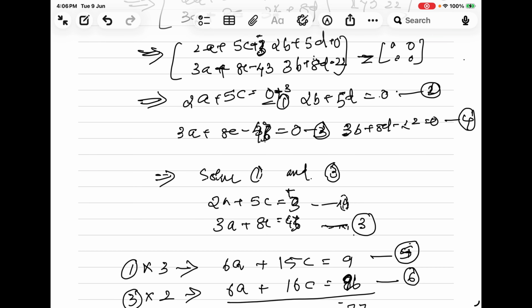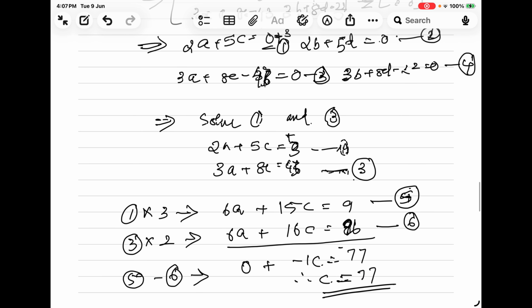Multiplying equation 1 by 3, we get 6a plus 15c equals 9, equation 5. Equation 3 into 2 gives 6a plus 16c equals 86. Then 5 minus 6 gives 0, 15 minus 16, negative 1c equals negative 77.